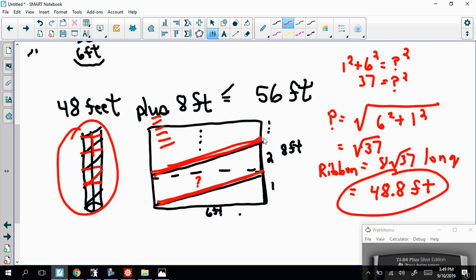And by finding the length of one ribbon, maybe that's what they're talking about, I just turned around and multiplied by 8 and found the total length of ribbon.